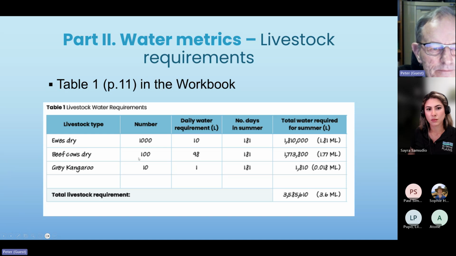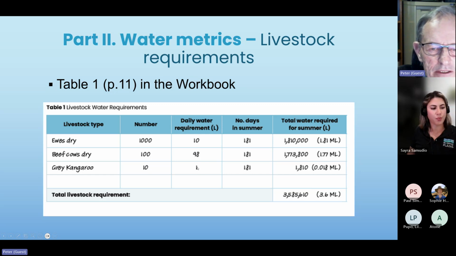If you've got beef cattle, we've got 100 of them on our fictitious farm, and we're saying 98 litres per head per day for the same number of days. That gives us 1,773,800 litres, or 1.77 megalitres. And we've thrown in a few grey kangaroos. We're being, I think, rather modest here. I think we're only supplying 10 at a litre per day.